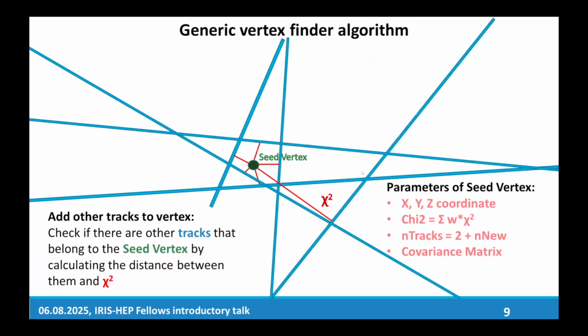After that, we check if there are any other tracks that also belong to this vertex, depending on the distance between them and also the chi-square criterion, and add these tracks to this vertex.